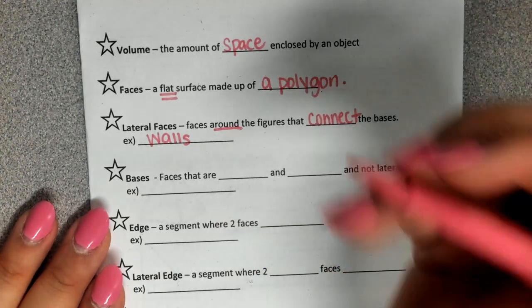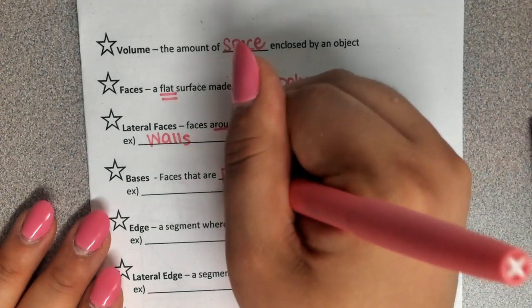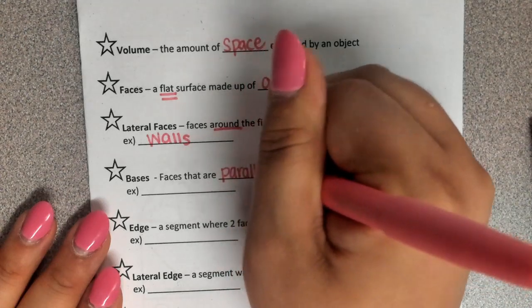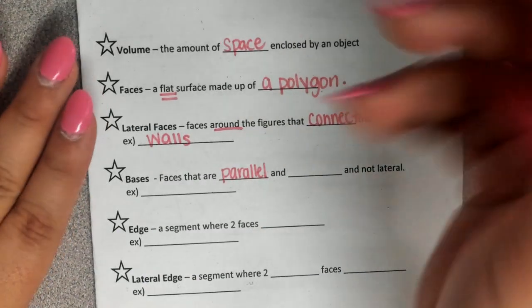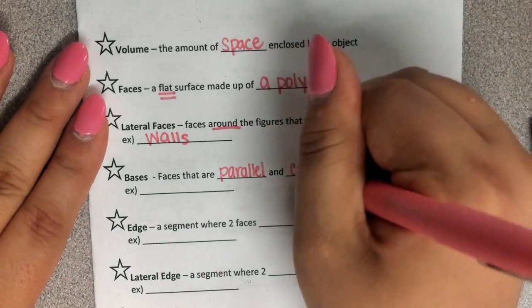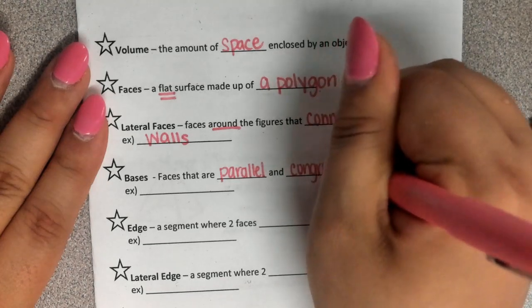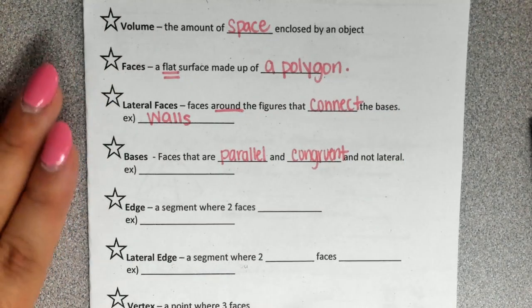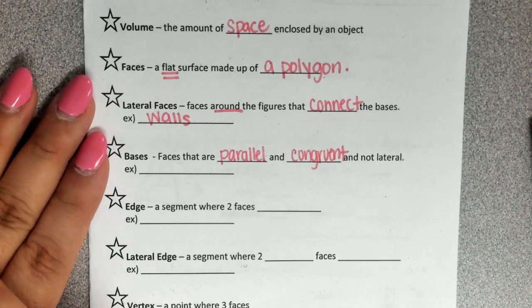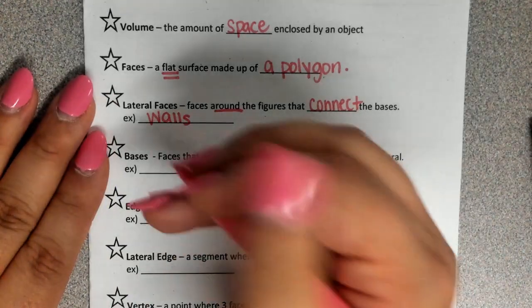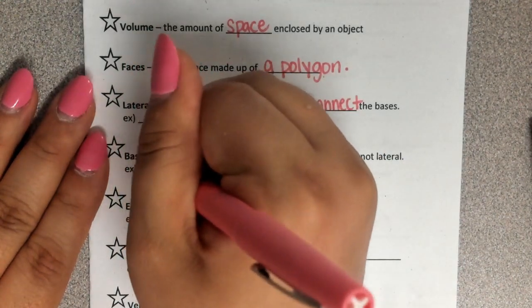Bases are faces that are parallel, meaning they are never going to touch, and congruent, meaning they are the same. What did I just say was an example of bases? The floor and ceiling.